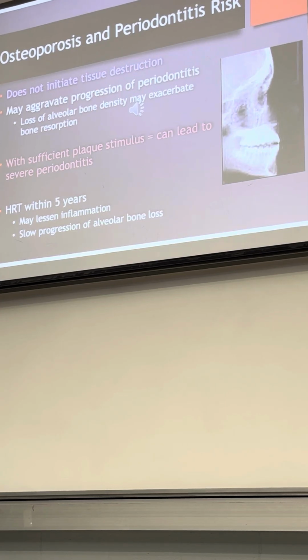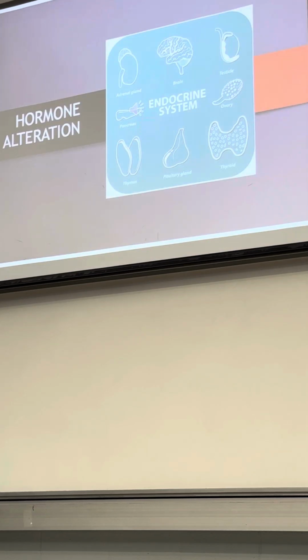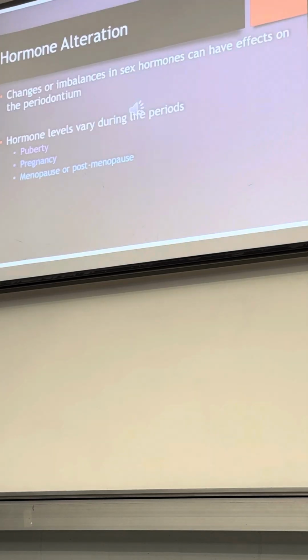So when we're talking about somebody who is postmenopausal, they've stopped producing those hormones, so it's saying hormone replacement therapy within that 5-year period. All right, hormone alteration. Changes or imbalances in sex hormones can affect the periodontium. Different times that we're seeing changes in those hormone levels are during puberty, so men can have that increased as well, pregnancy, and then menopausal or postmenopausal.